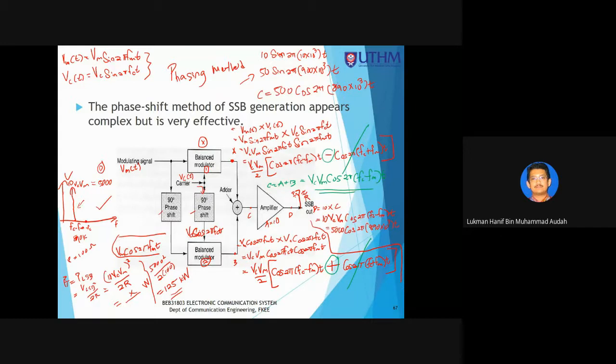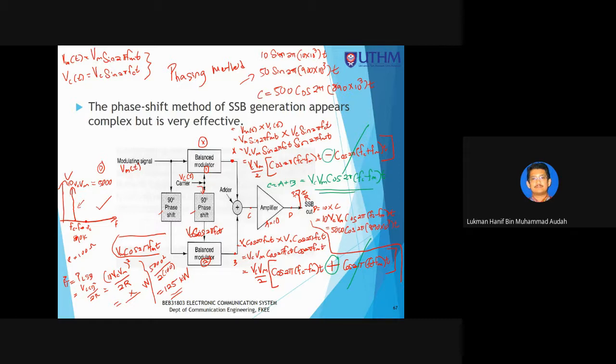And then regarding the power calculations, you can calculate after you draw. You can see, oh, I only have one component. That means the power is only the power of the lower sideband. So power persamaannya masih sama, V square over 2R. V peak amplitude kuasa 2 dibahagikan dengan 2R.